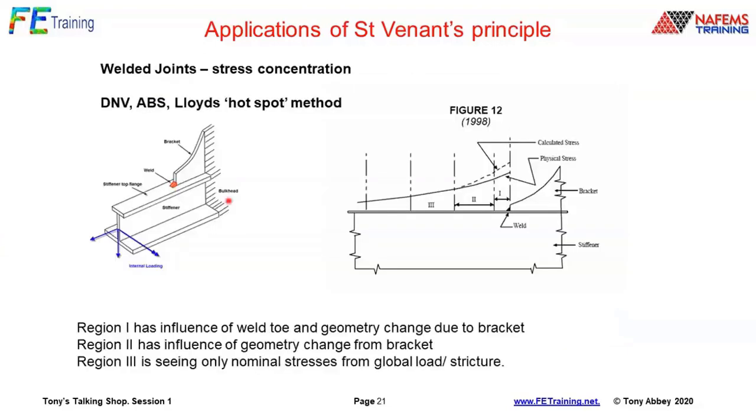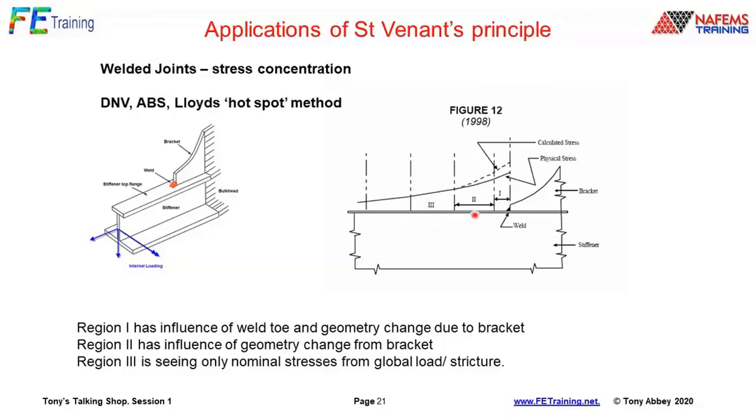And just a quick review, this is what the DNV, ABS, Lloyd's hotspot methods kind of apply. So there's my bracket, there's the weld toe. And what they're saying is there's a region 3 in this beam far enough away from the bracket where the stresses don't know anything about the bracket. They haven't got that stress diffusion influence yet from the bracket. So that's region 3 outside here.